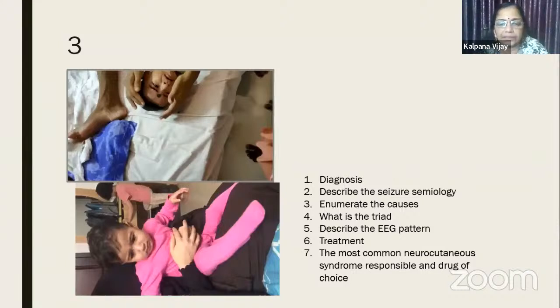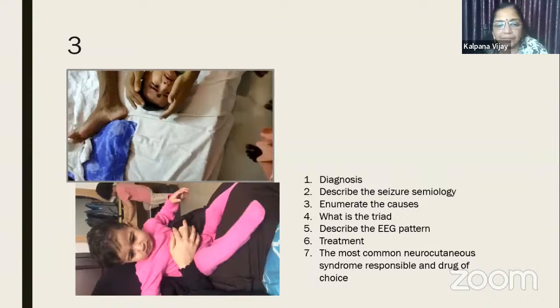So the triad we have mentioned. Describe the EEG pattern. The triad is developmental regression, hypsarrhythmic pattern, and epileptic spasms. Initially, it was described as mental retardation. So mental retardation, hypsarrhythmic pattern of EEG, and infantile spasms.